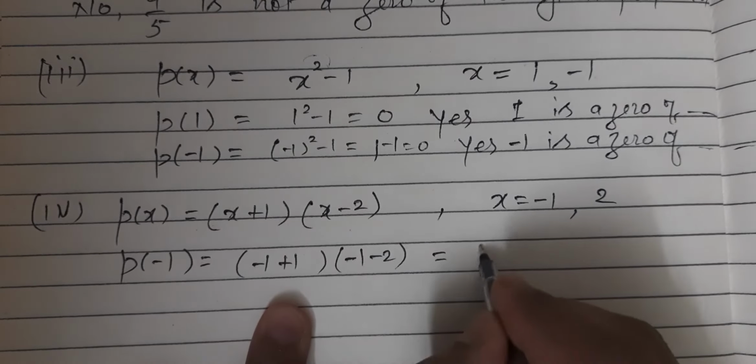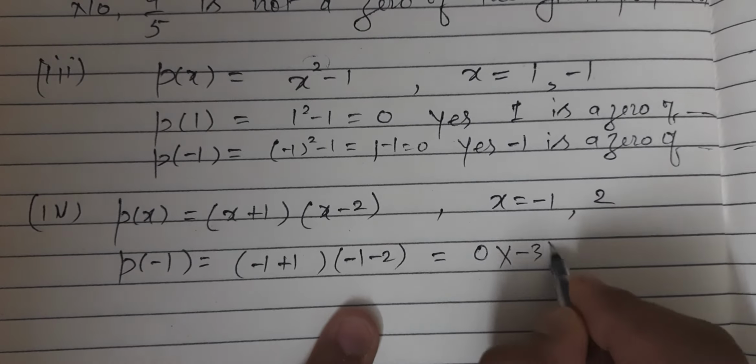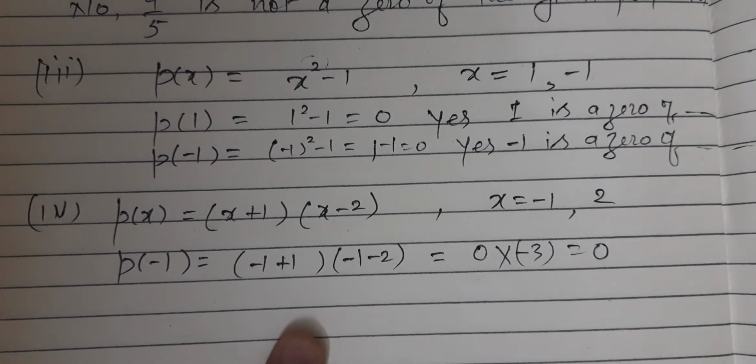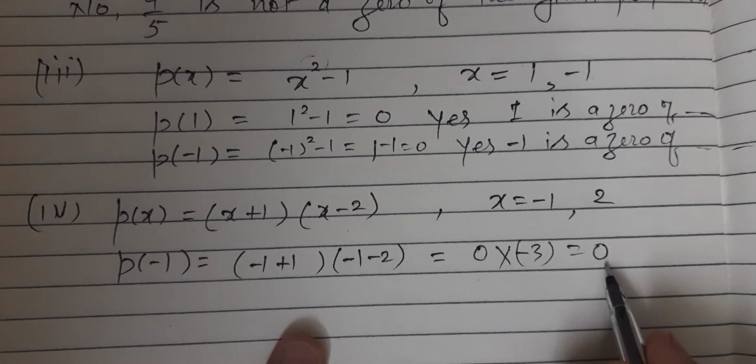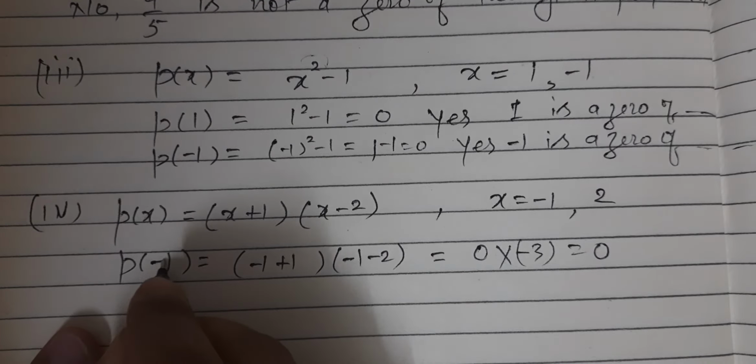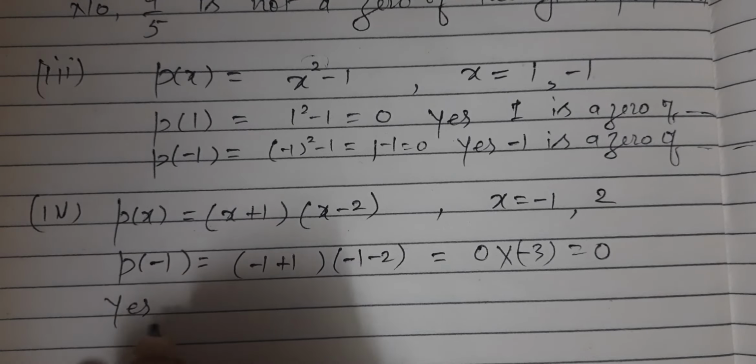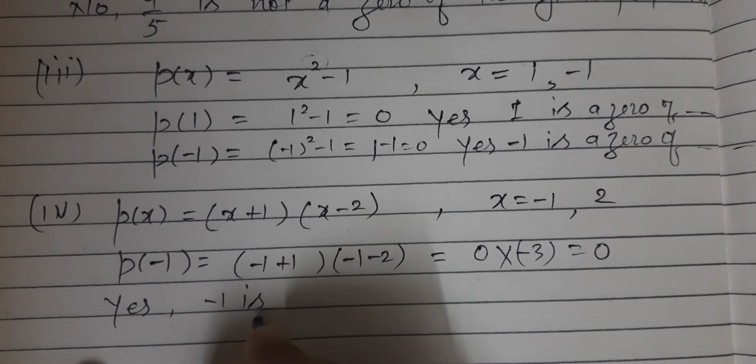Minus 1 plus 1 is 0, and 0 multiplied by any number is 0 only. So yes, we are getting 0 after putting minus 1. So what we will write? Yes, minus 1 is a zero of the given polynomial.